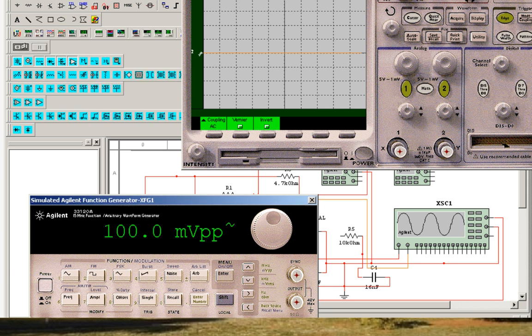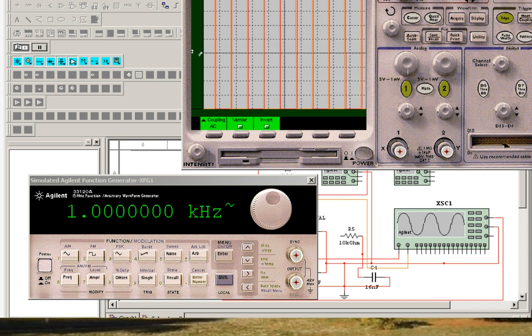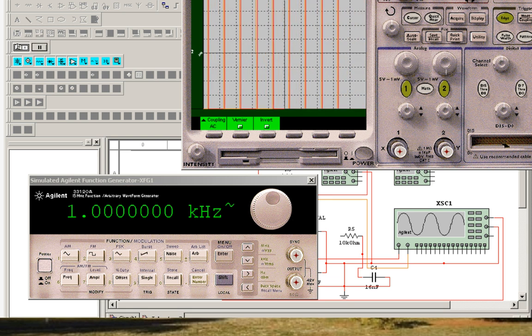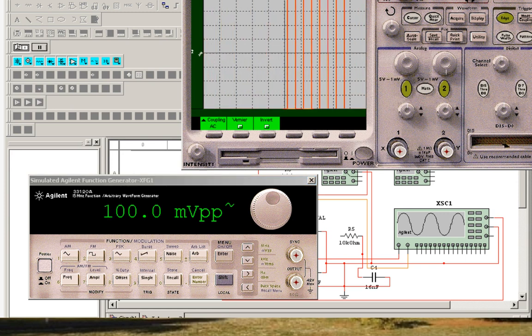Put a signal in, frequency. It's frozen a little. So the red is the input line.